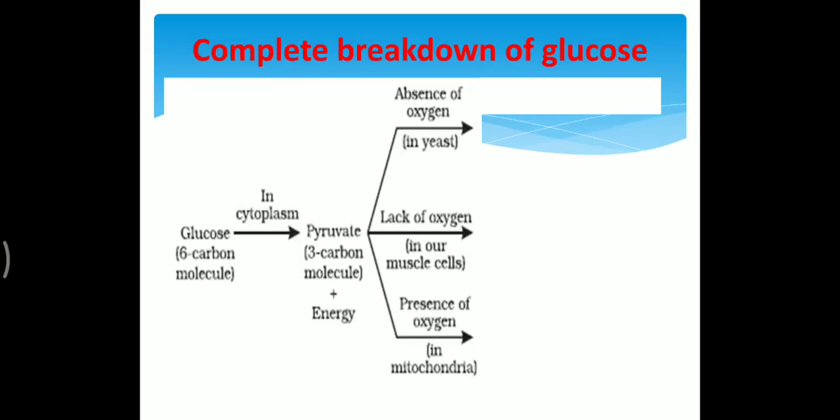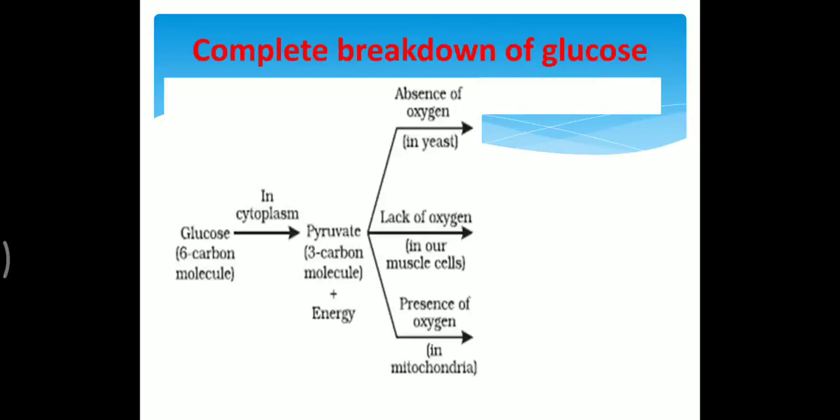Now how does this complete breakdown of glucose happen in all the 3 sequences? That is, in the yeast, absence of oxygen. In our muscle cells, lack of oxygen. And in the presence of oxygen in our normal cells, in mitochondria. First, glucose in cytoplasm gives 3 carbon pyruvate, plus energy is released. What is the end product? Let us see.